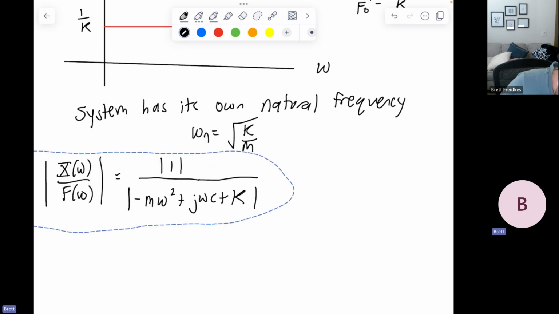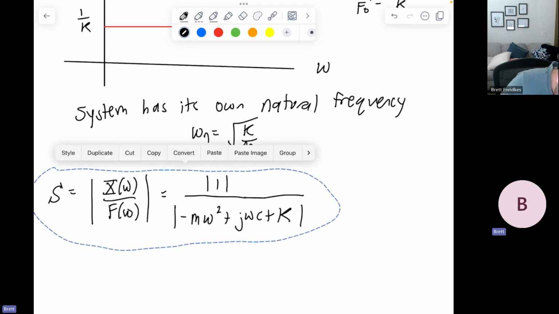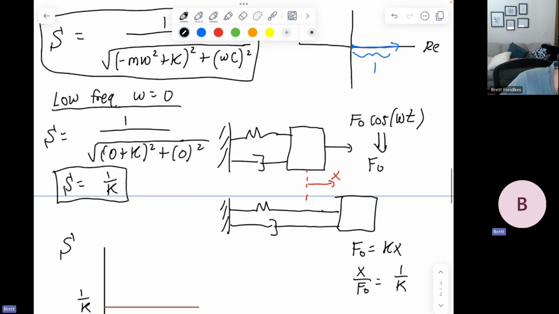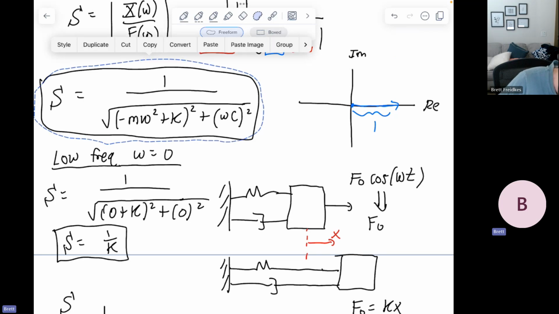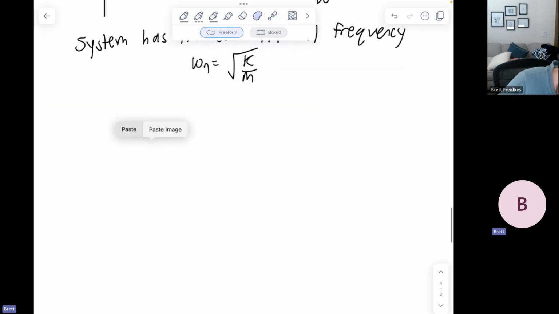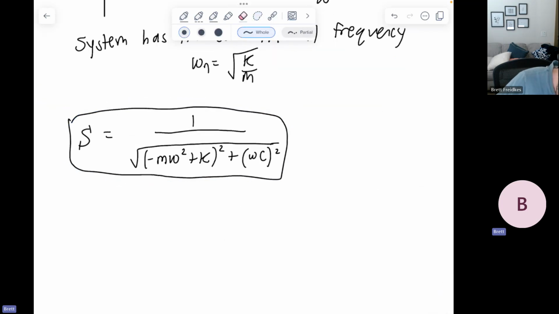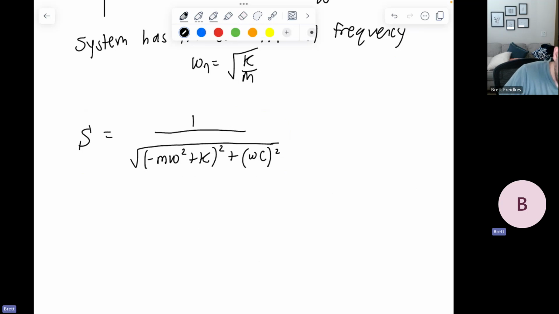So if we were to look at the sensitivity now, we will assume that the driving frequency, which is omega, is equal to omega n.